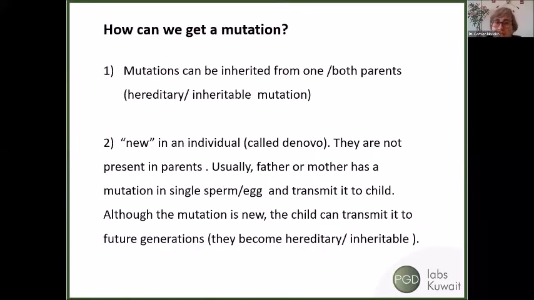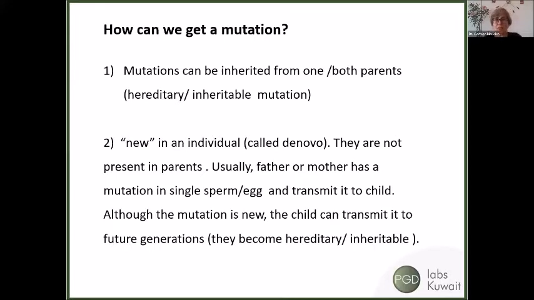So how can we inherit these mutations? There are two main ways. The mutations can be inherited from one of our parents or both of them, and we call these hereditary mutations, or they can be new in an individual, meaning the mutation is not present in the parents.